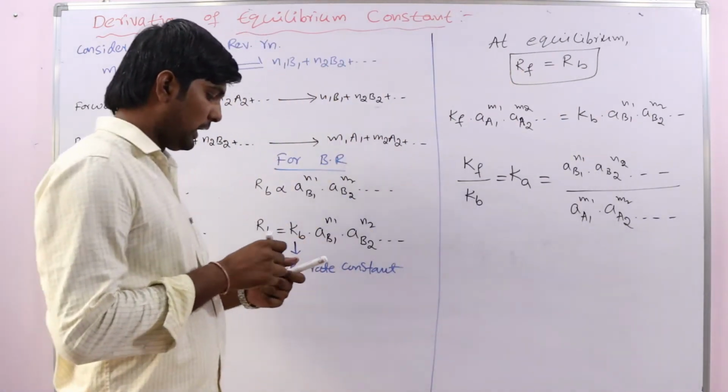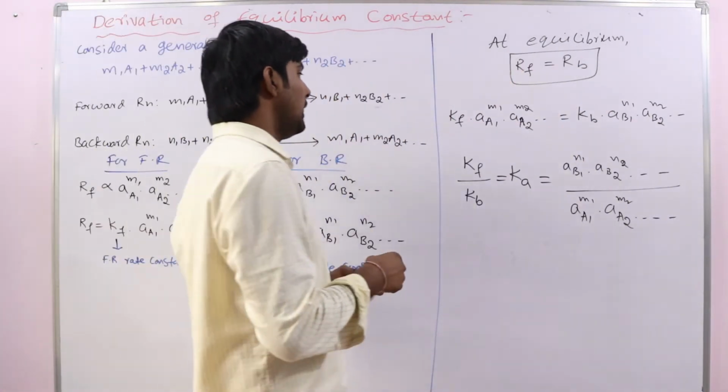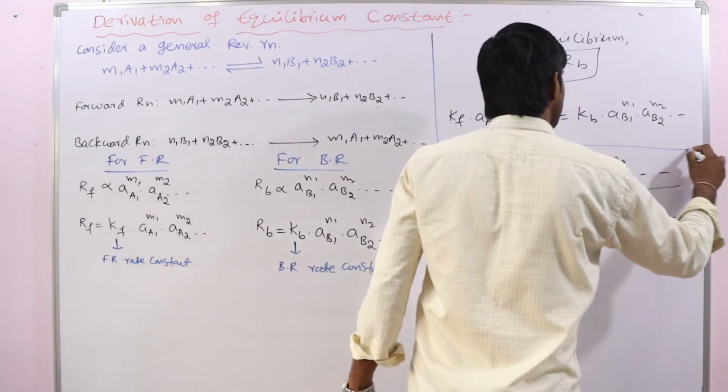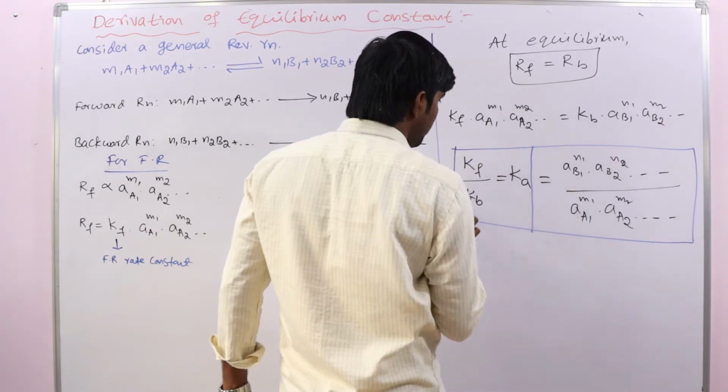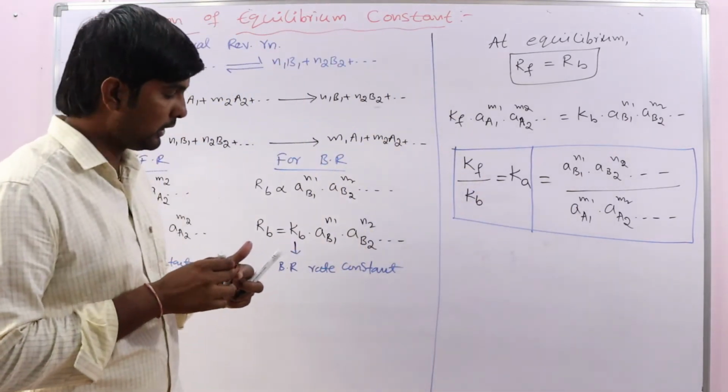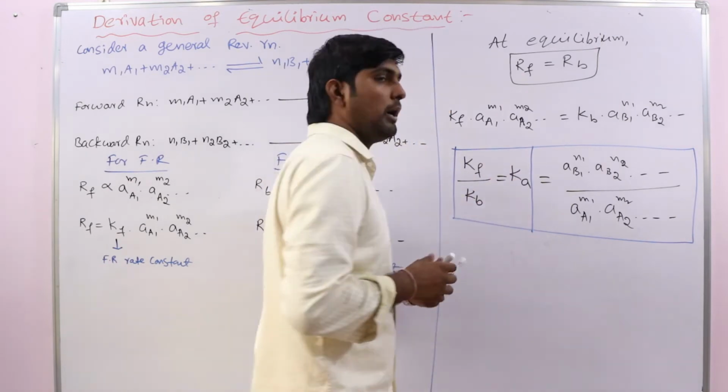So this is the expression for the equilibrium constant. Very simple. See this one: Kf by Kb equals Ka. In this way also problems can be asked.